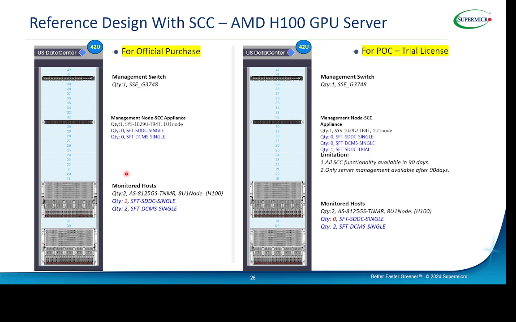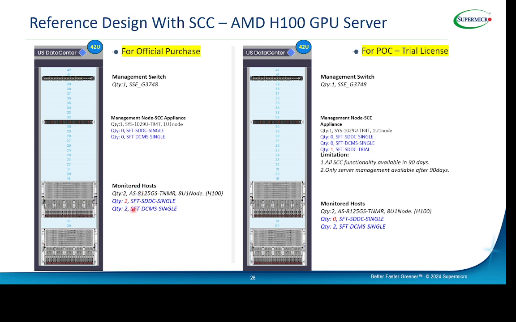One more reference design we have is for AMD H100 GPU servers. For purchase, we have a switch which does not require a license. We've deployed SCC on our 1U node. No licenses required for SDDC single or DCMS.